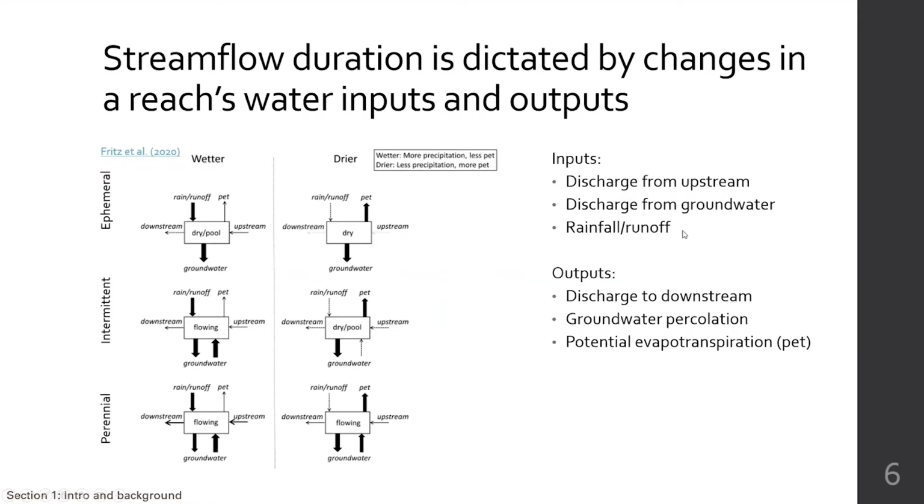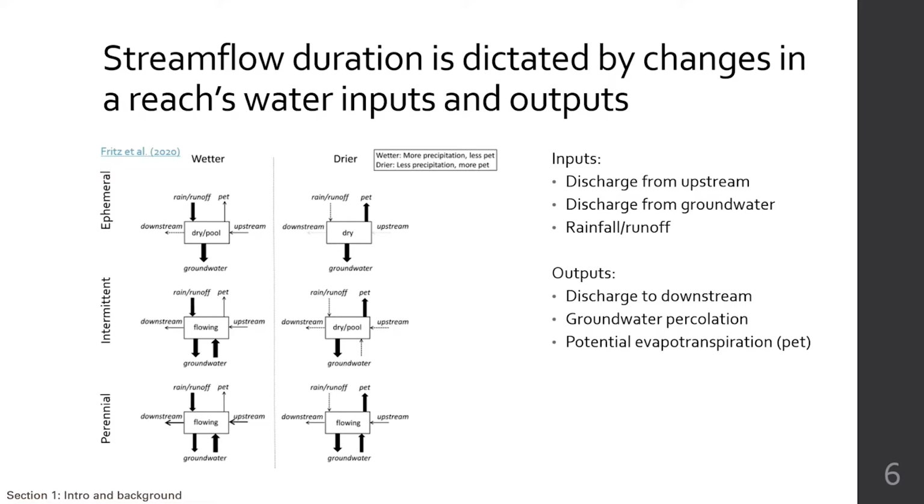Streamflow duration is itself dictated by changes in the water entering or exiting a reach. The inputs come from discharge from upstream as well as discharge from groundwater, direct rainfall, or runoff from surrounding uplands. So all these things add water to the reach.